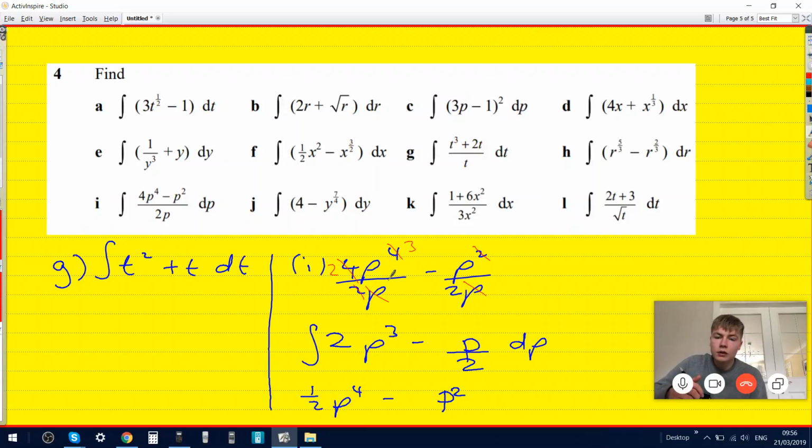So is it a half p squared? Yeah, you could write it as a half p squared over 2. Or what is a half divided by 2? A quarter. So it's basically a half p, and so this is a quarter p squared.